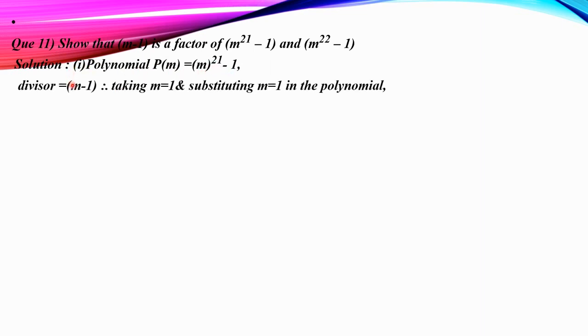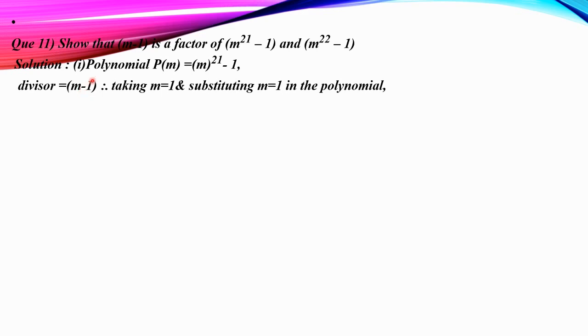Now we will do question number 11. Show that m minus 1 is a factor of m raised to power 21 minus 1 and also a factor of m raised to power 22 minus 1. So here the first polynomial P(m) is equal to m raised to power 21 minus 1 and divisor is m minus 1.